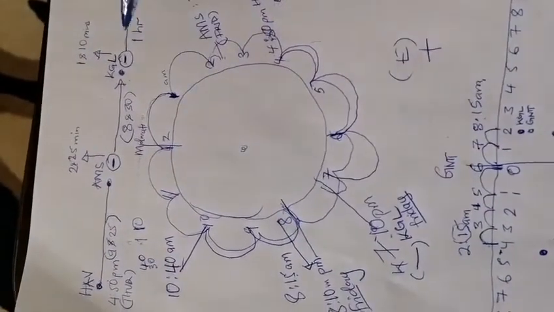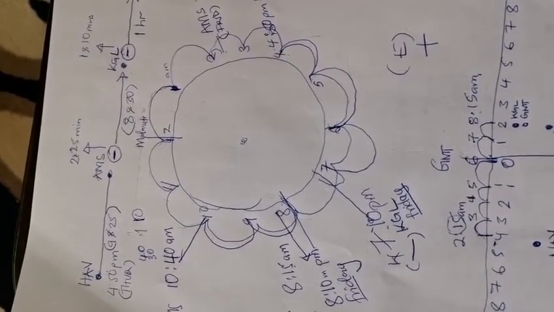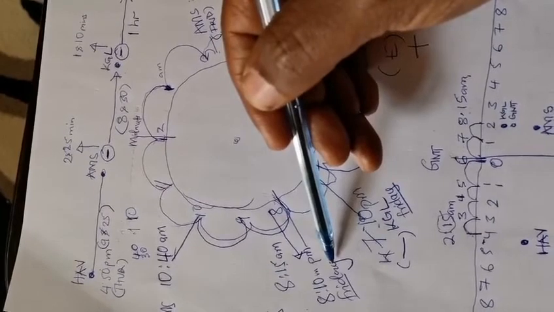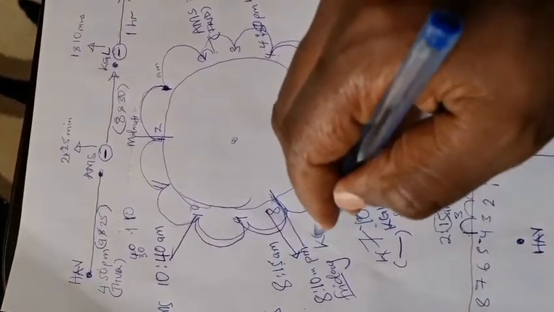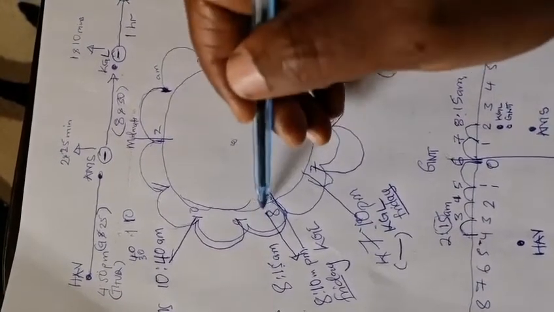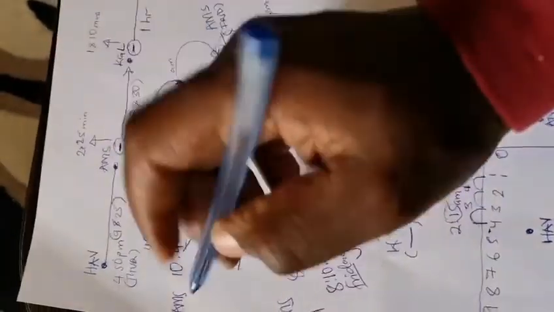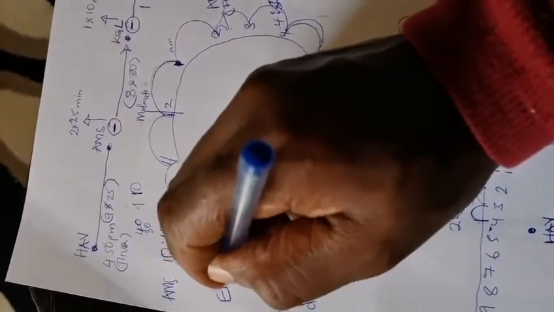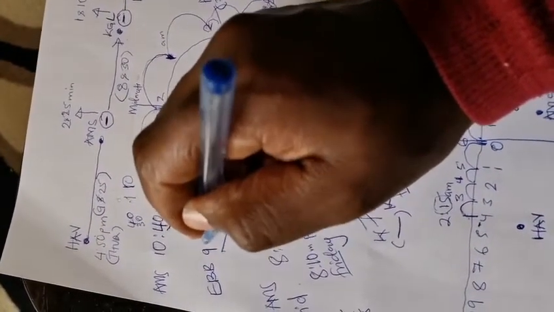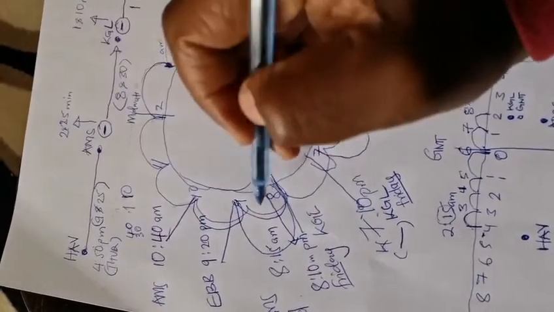So the next thing we are going to do is moving to Entebbe. So from KGL to Entebbe, they're saying it's going to take 1 hour. So you simply move 1 hour to EBB. So EBB, we are going to reach at 9:20 p.m. Why?